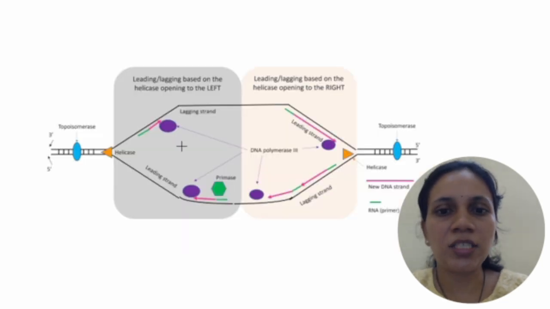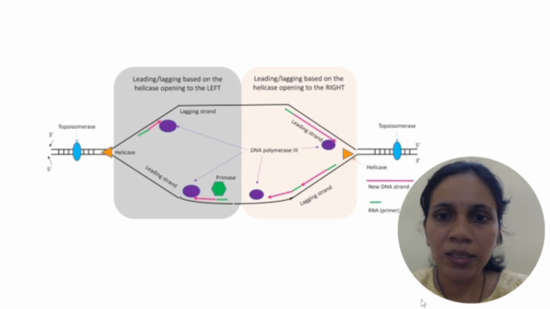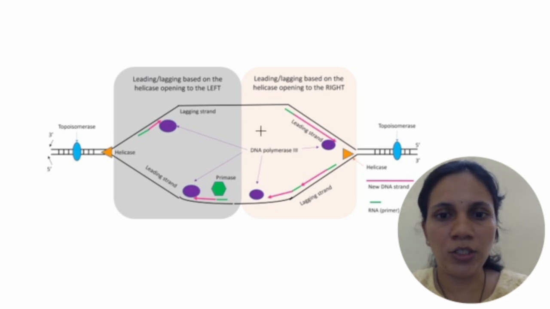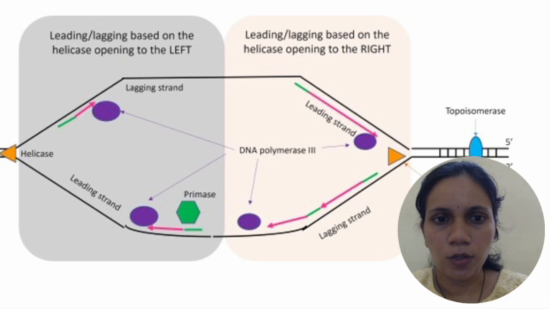Now for that I will take you to this particular diagram. In this diagram there are some more names involved. Let me zoom it for you. I guess you are able to see it more properly.